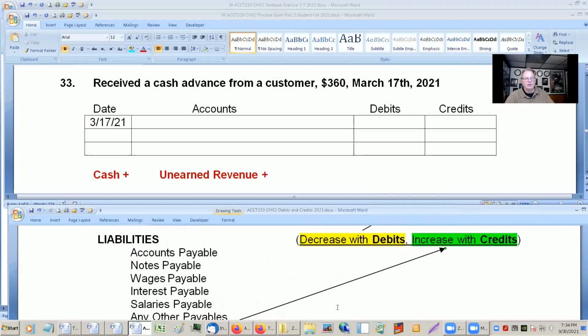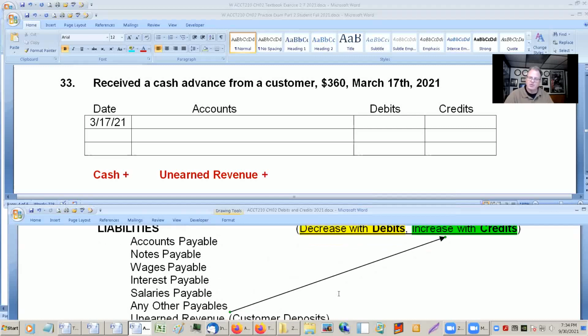So unearned revenue, customer that says liability. This is sort of the opposite of what we normally think of. Normally, we do the service and we bill them, but they haven't paid yet. We did our work, but the customer hasn't paid. This is just the opposite. The customer has paid us, but we haven't done the work yet.